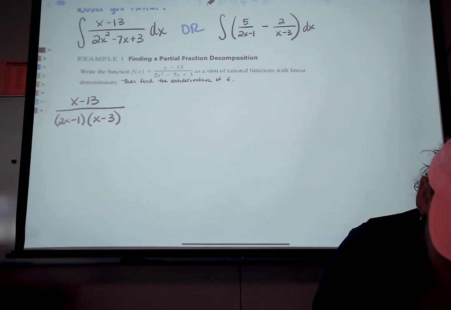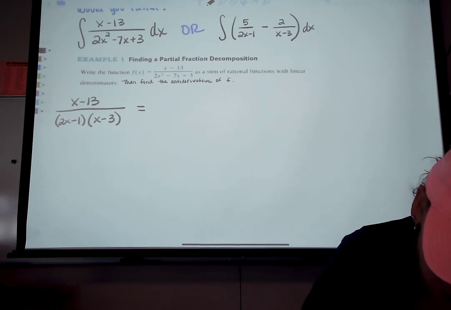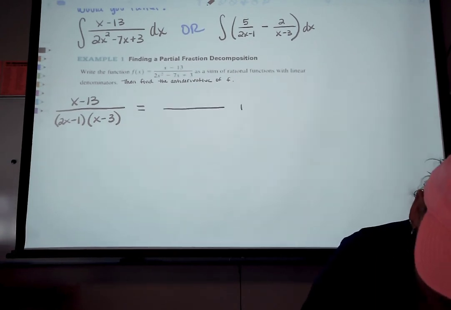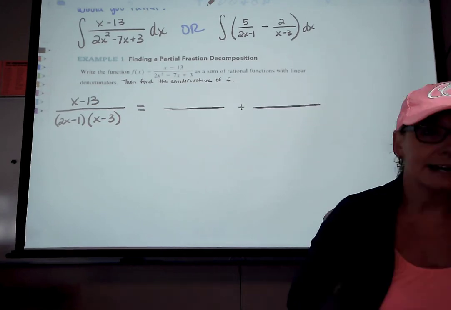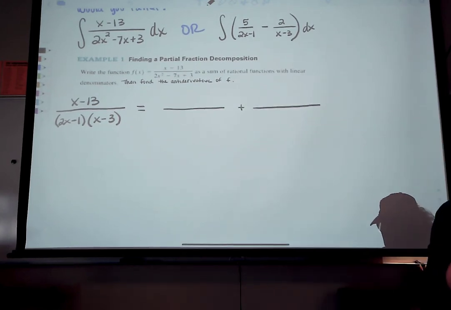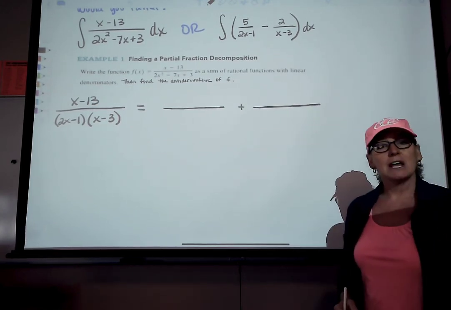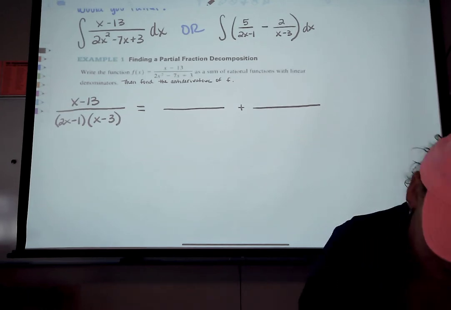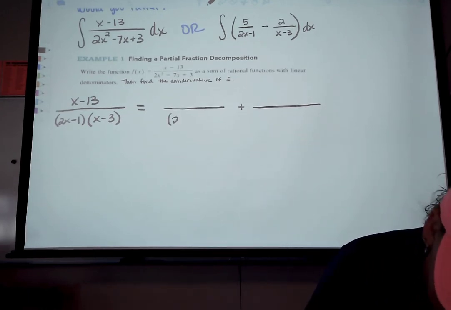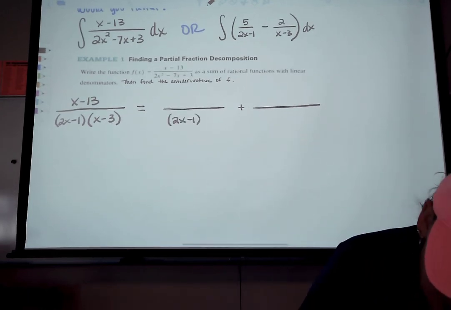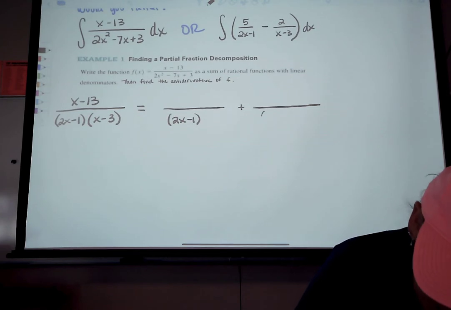I think that this was equal to 2 fractions added together. I think that the denominator of one of them was the binomial 2x minus 1, and the denominator of the other one was the binomial x minus 3.